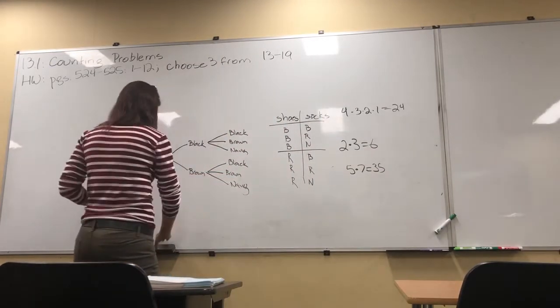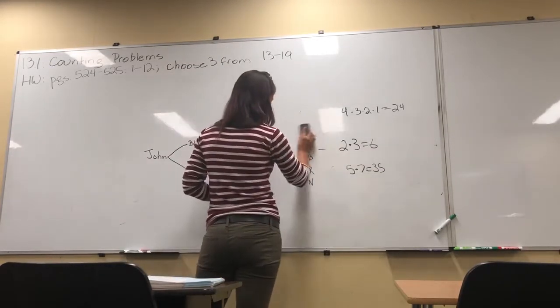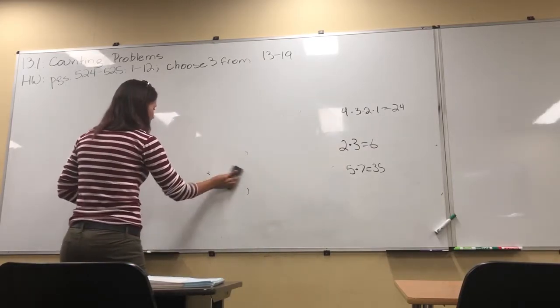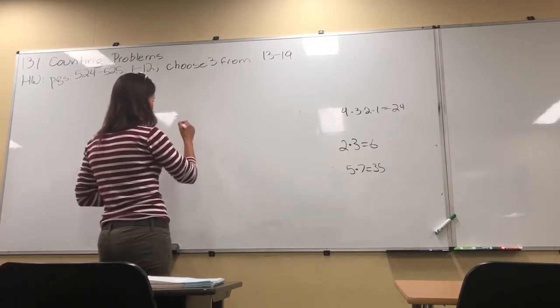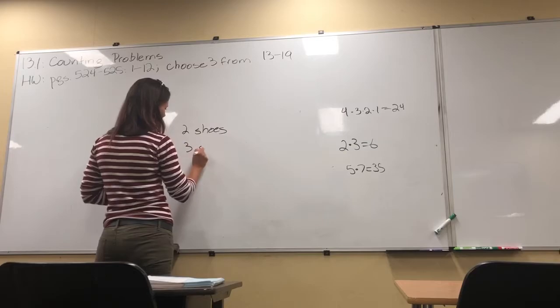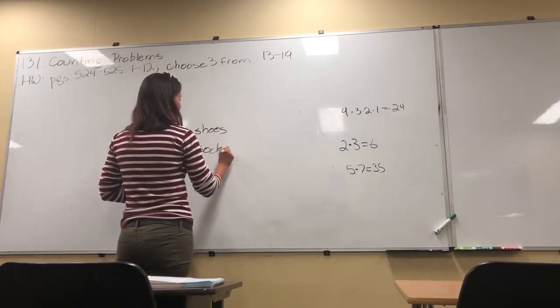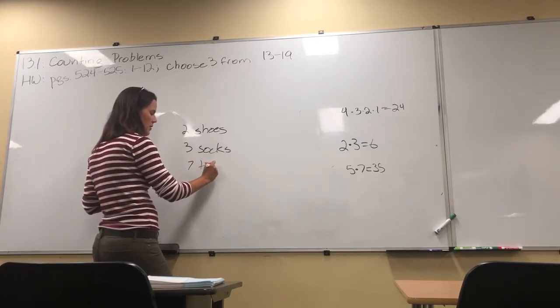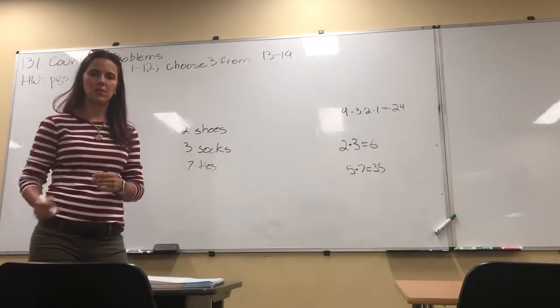Let's do it with an example that's a little bit simpler, and we're just going to make this up. We're going to go back to John. And he still has his 2 different pairs of shoes, right? And he has his 3 socks. But let's say he also has 7 ties. And now I say, okay, how many combinations are there?